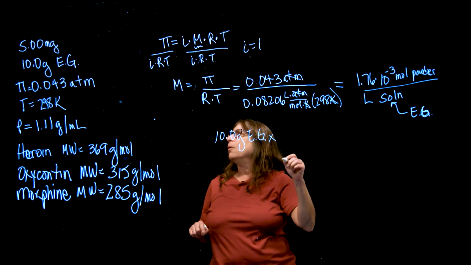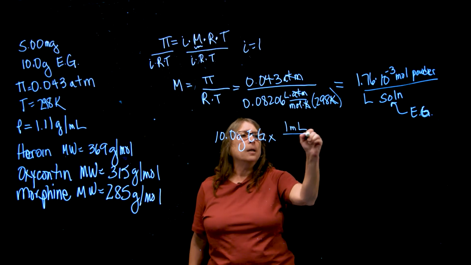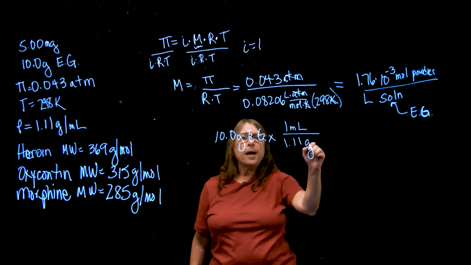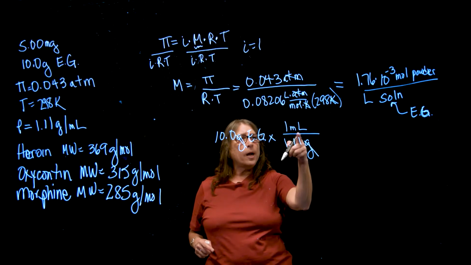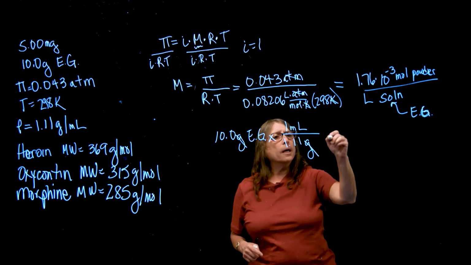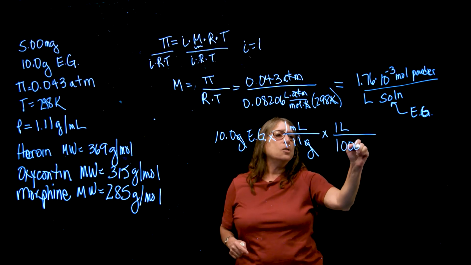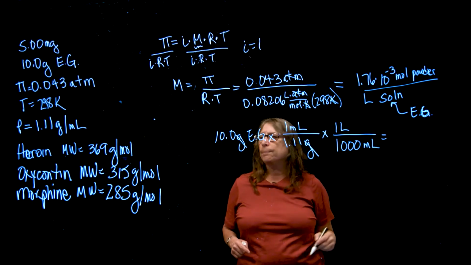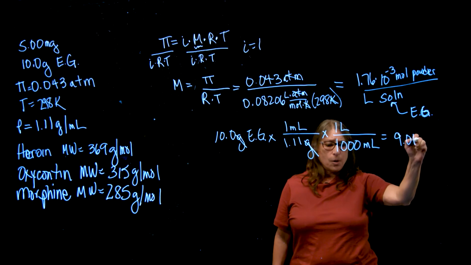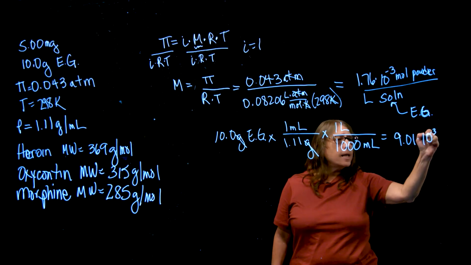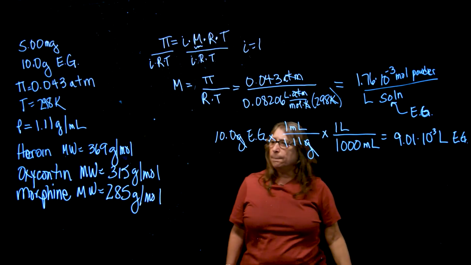And I know that its density for every 1 milliliter is 1.11 grams. And I inverted this so that I can actually cancel the grams and get a volume. But I need liters, but I know that there's 1,000 milliliters in a liter. And so the volume here is 9.01 times 10 raised to the -3 liters of ethylene glycol.